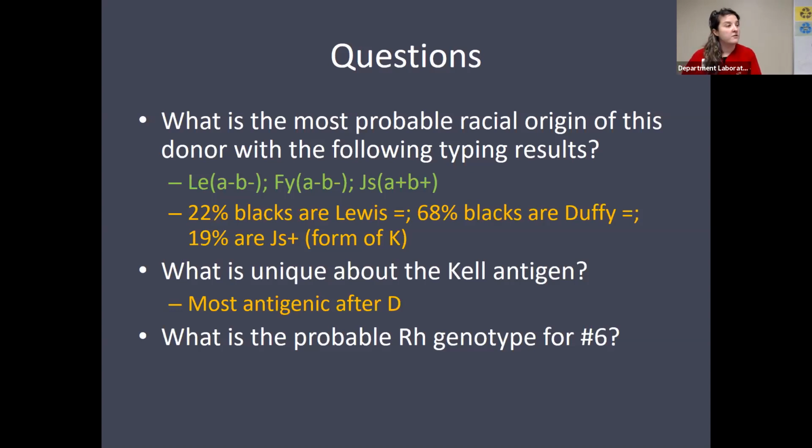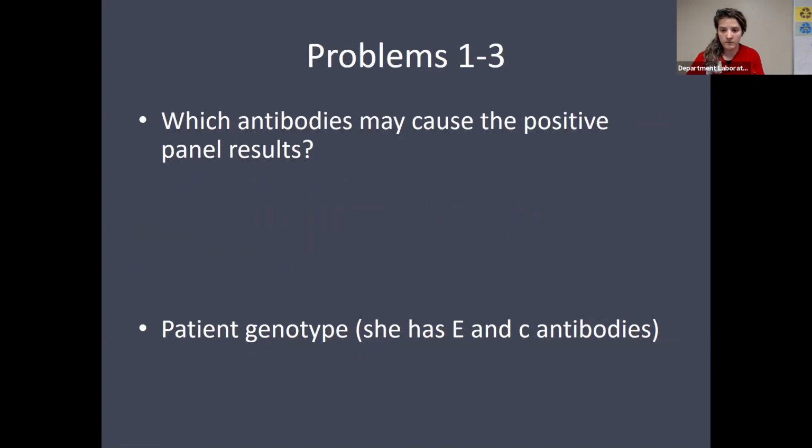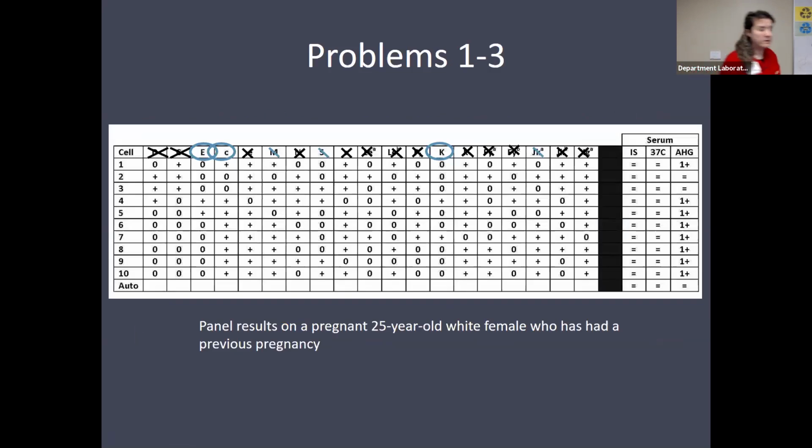So cell number 6, do you think it could be R1? If you're looking at cell number 6, can it be R1? Remember, if it's R1, that means it has the D antigen. Okay, so cell number 6 cannot be R1.